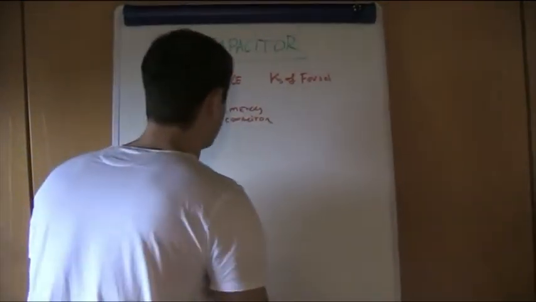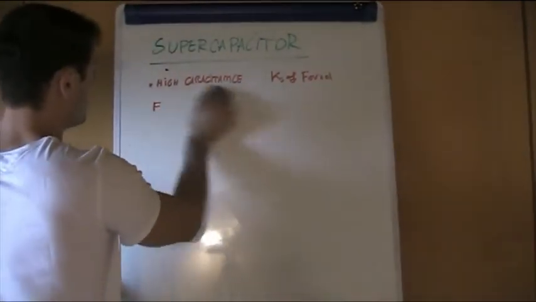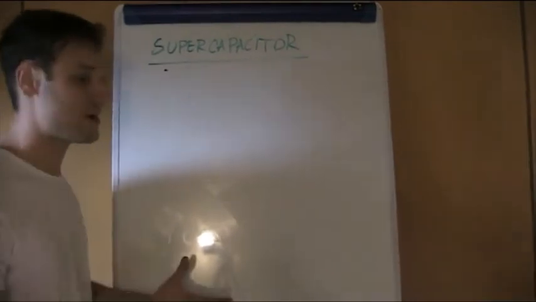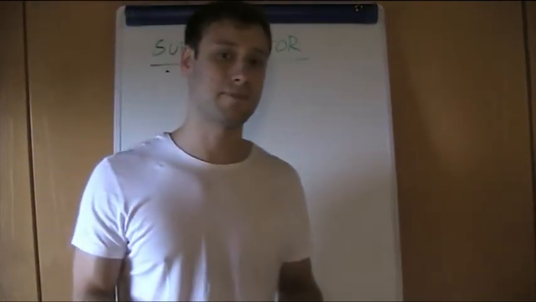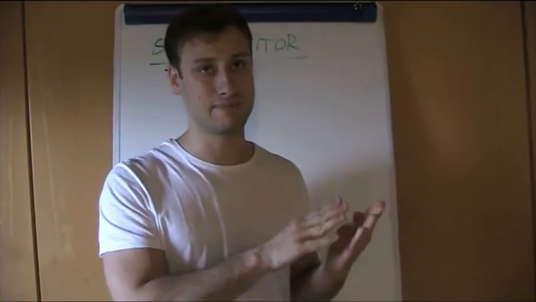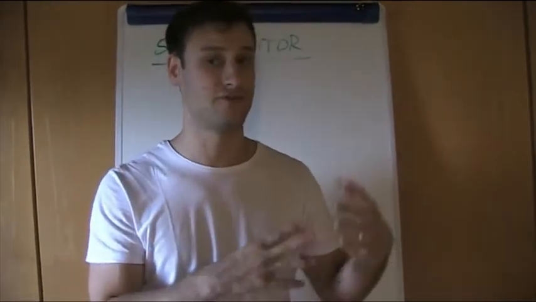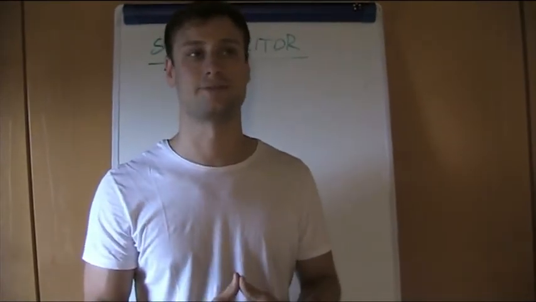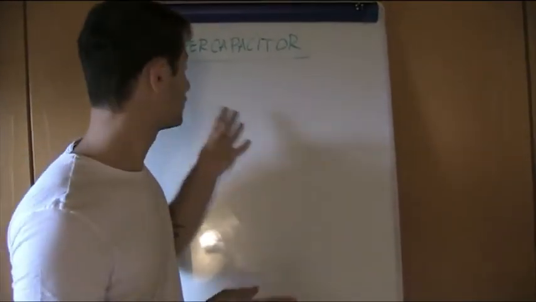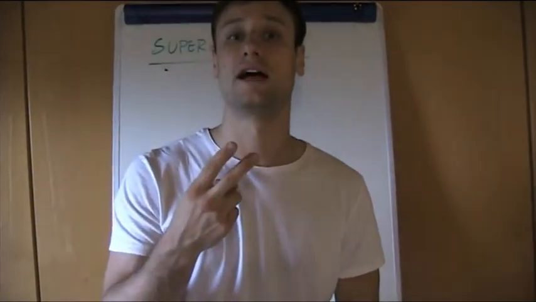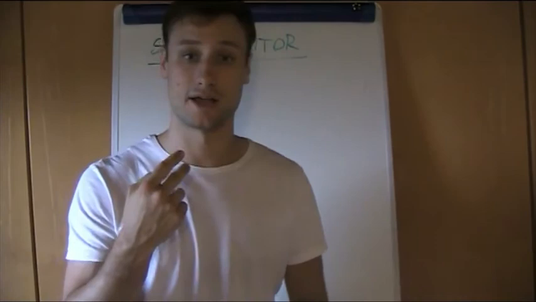But from a real point of view, a supercapacitor is composed in a different way with respect to a conventional electrostatic capacitor. In an electrostatic capacitor, we know that we have our metallic plates, our conductive material plates, and we have the dielectric, the vacuum, or the dielectric, the insulant. But in a supercapacitor, we have two different types of situation.